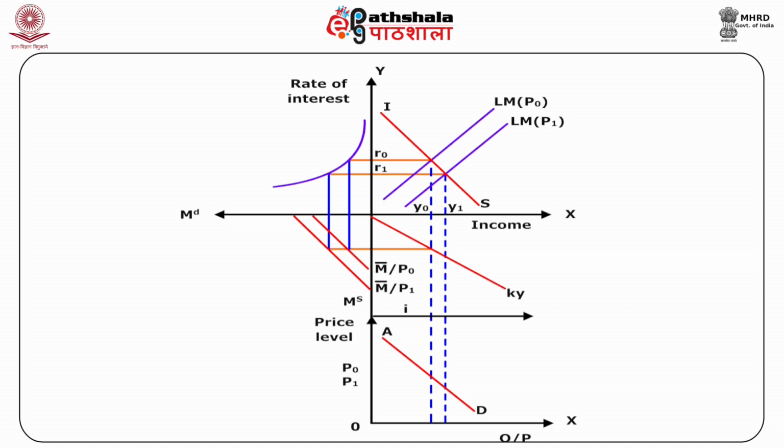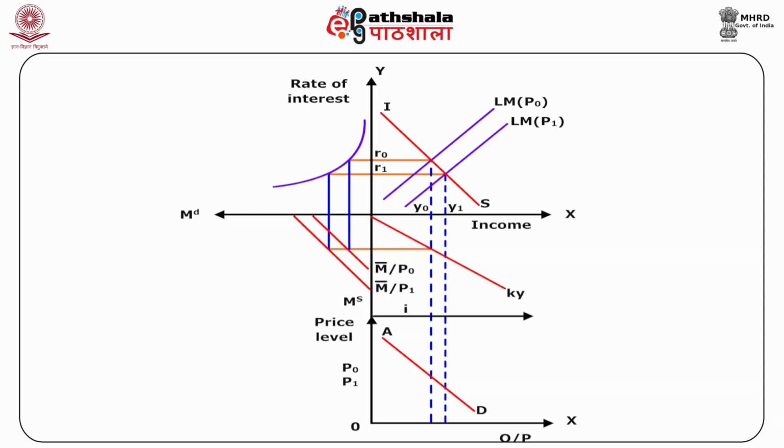In the third quadrant, there is a money supply function given by M bar upon P0, and here we are looking at the money market equilibrium. The money market equilibrium ensures that the supply of real cash balances equals the demand for real cash balances, which are measured on the negative x-axis in the second quadrant.